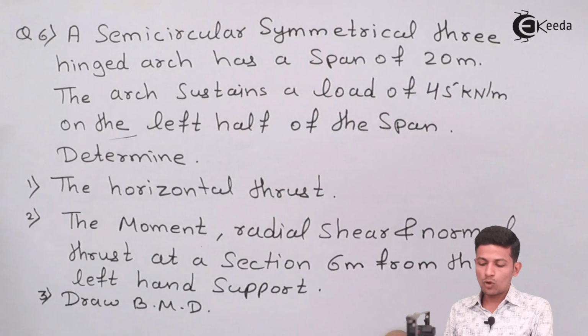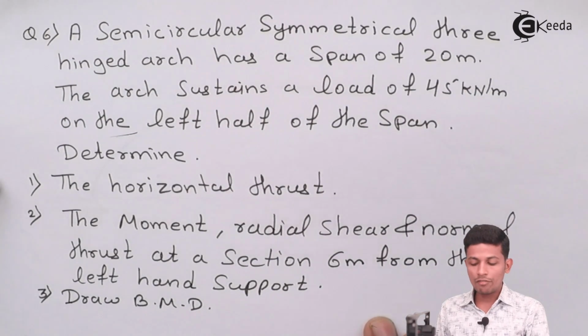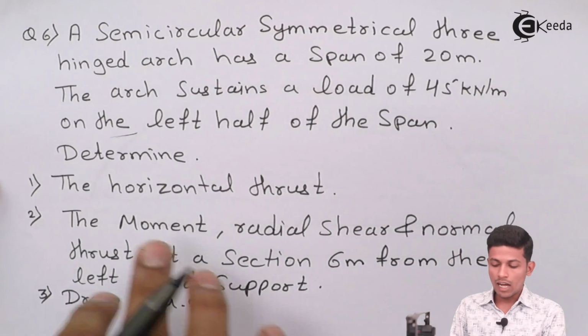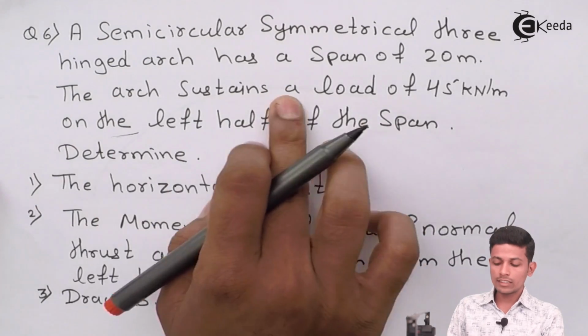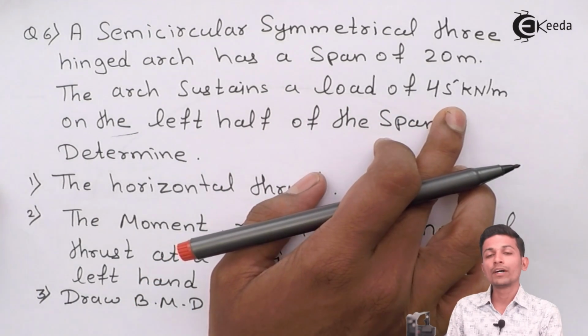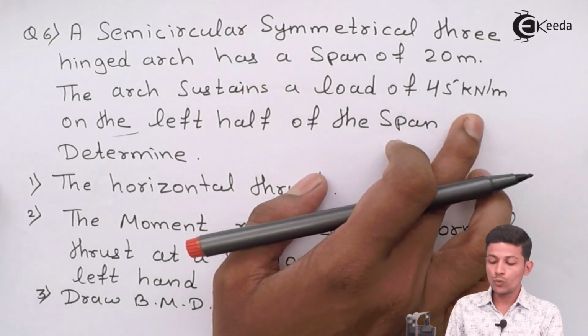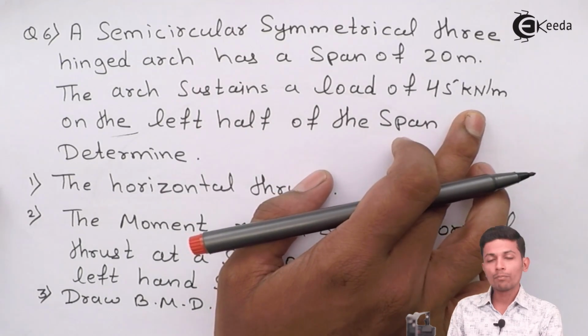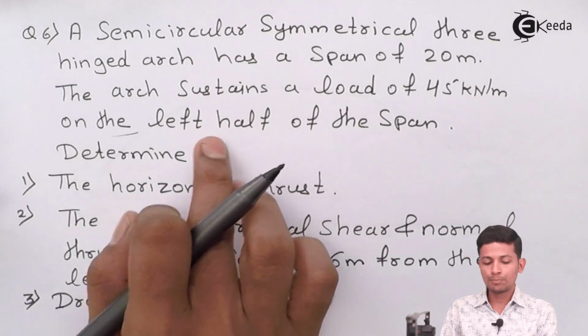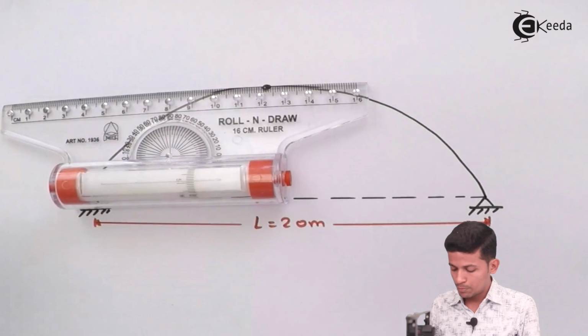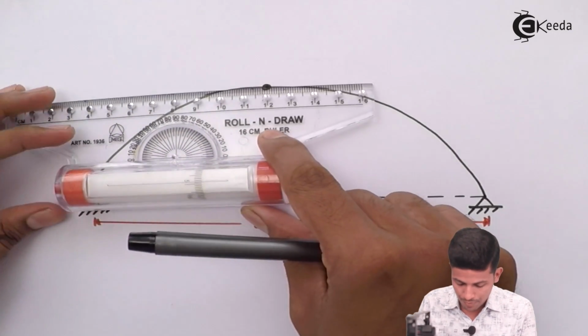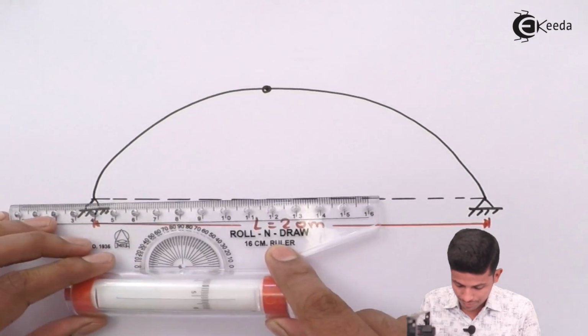The arch sustains a load of 45 kilonewton per meter, which is nothing but a UDL, because the unit is kilonewton per meter, on the left half of the span. So on the left half of the span, the UDL will be 45 kilonewton per meter.